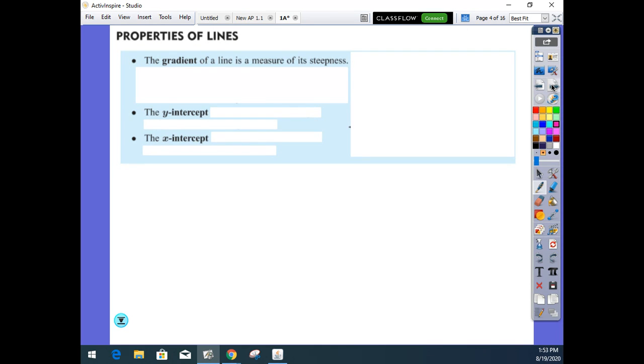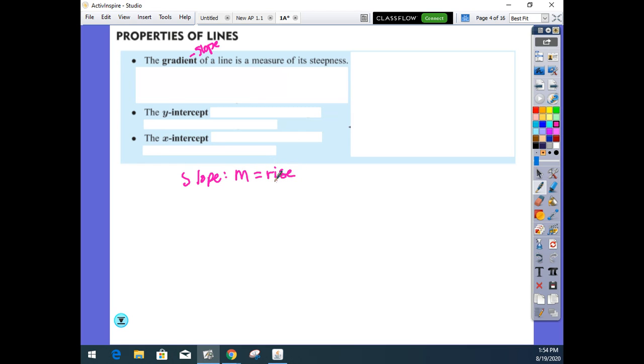All right. So one of the things that's tough to get used to, gradient is slope. They never use the word slope in IB. It's always gradient. So think of all the different ways that we've ever talked about slope. First of all, what variable do we always use to represent slope? M, right?